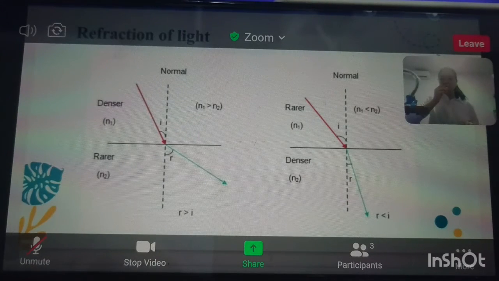When we have a denser medium and the light passes through the boundary to the rarer medium, the angle of refraction goes away from the normal. And when light goes from a rarer medium to a denser one, the angle of refraction goes closer to the normal.